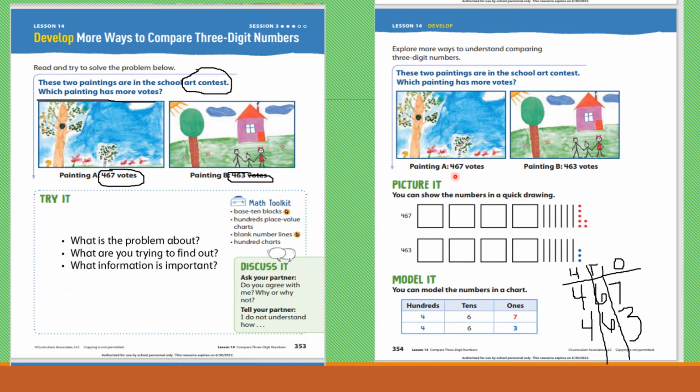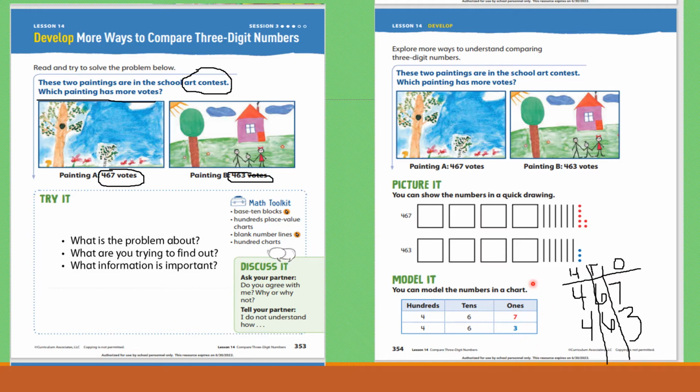Painting A got 467 votes. Painting B got 463 votes. Painting A got more votes. 467 is greater than 463. Now, if you look at the model you can look at 4 hundreds, 4 hundreds, 6 tens, 6 tens, 7 ones, 3 ones.